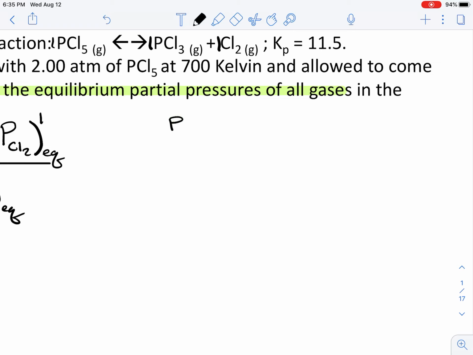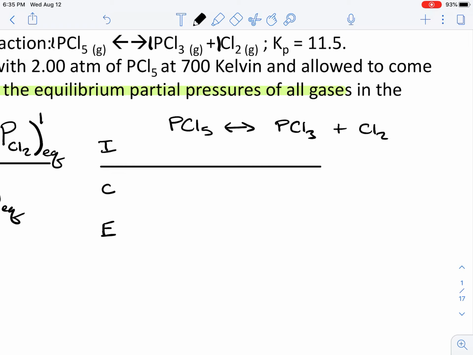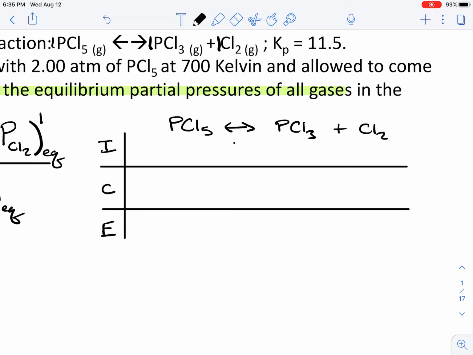So here we have PCl5, PCl3, and Cl2. And so I'm going to go ahead and put an I, C, and E, which once again represents key phases in the progress of the chemical reaction: the initial state, how the concentration or the partial pressure changes, as well as the equilibrium or final state.